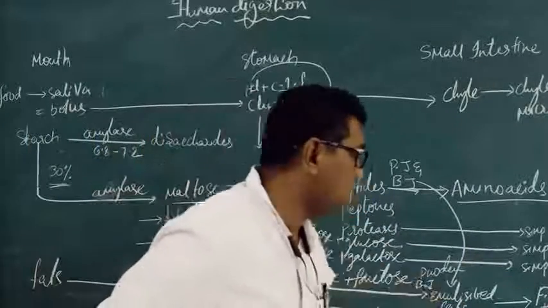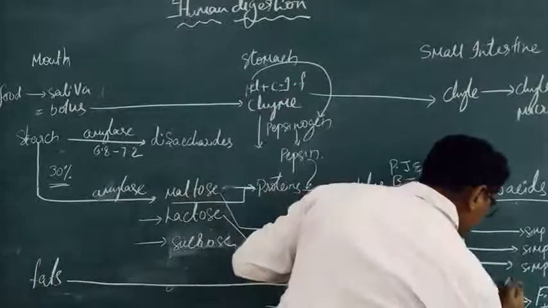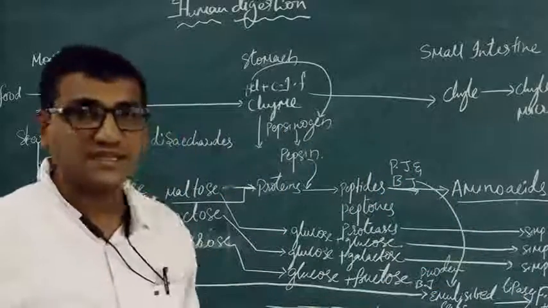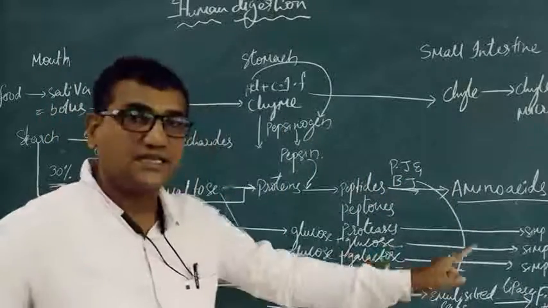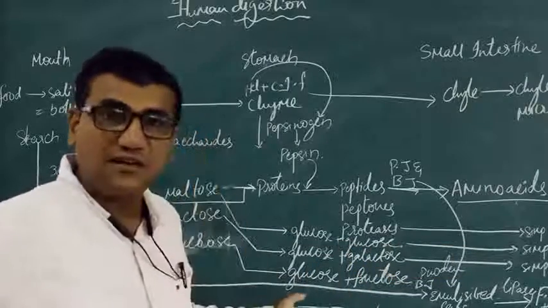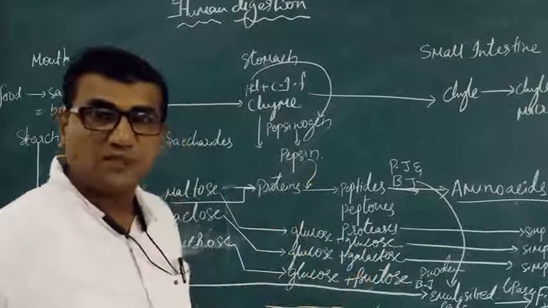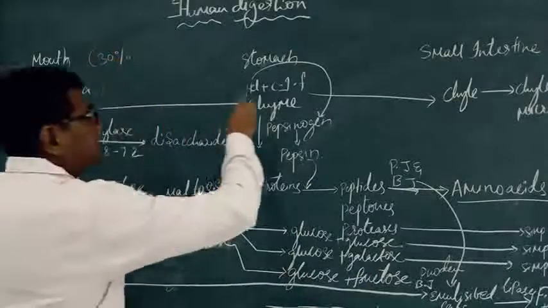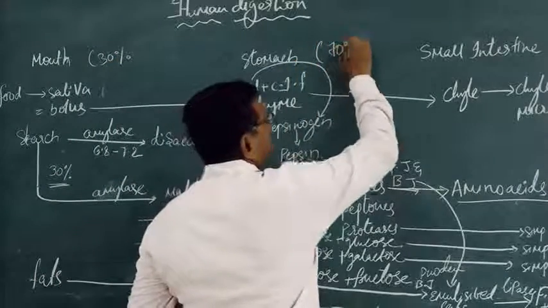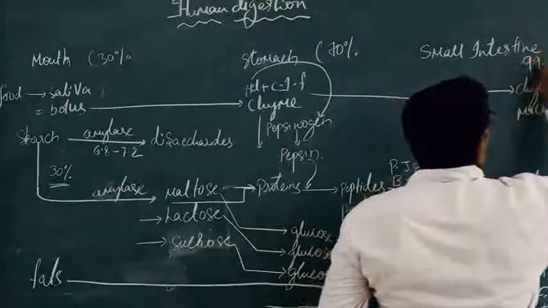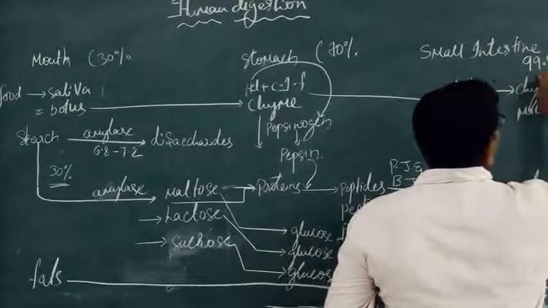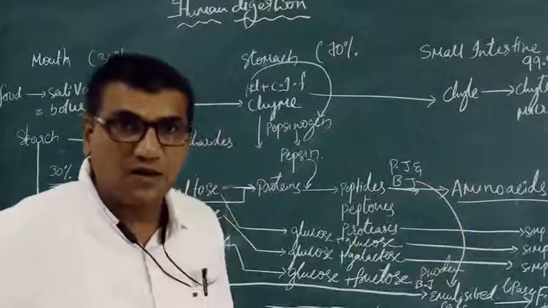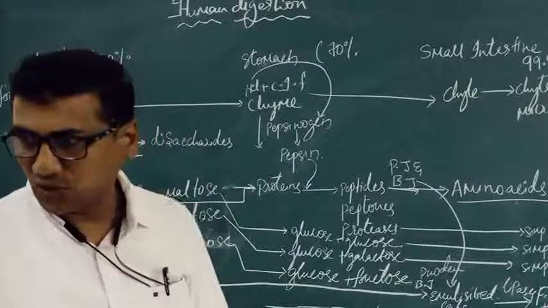Now they will be converted by lipases into fatty acids plus glycerol. As a result, in the complete digestion process, 30% occurs in the mouth, 70% of digestion in the stomach, and 99.99% of digestion is completed by the time it enters the ileum of the small intestine, and absorption is also completed.